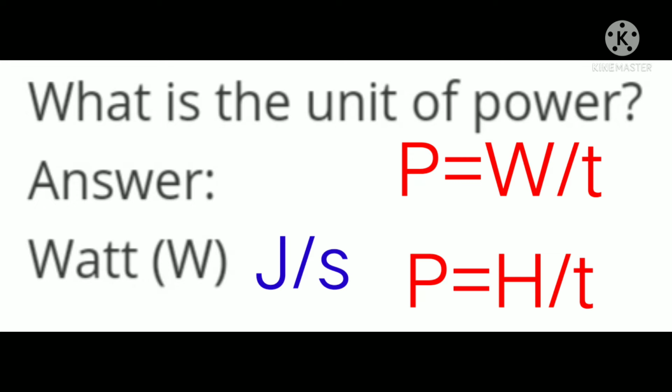P is equal to H by T. So unit of power is equal to unit of heat by unit of time. Unit of heat we already know is joule, unit of time second. So unit of power is equal to joule per second, that is equal to watt.